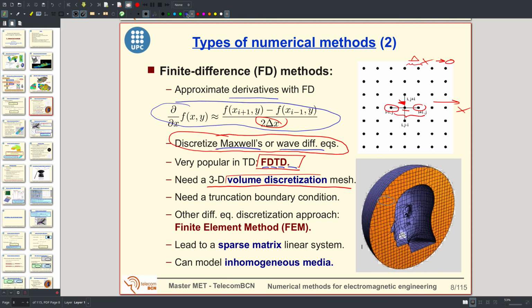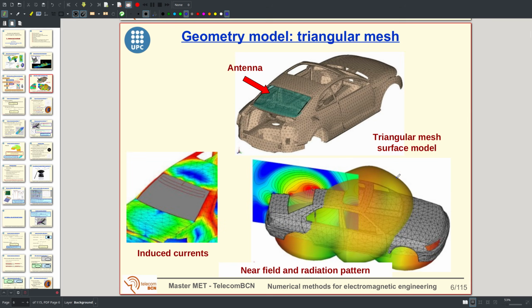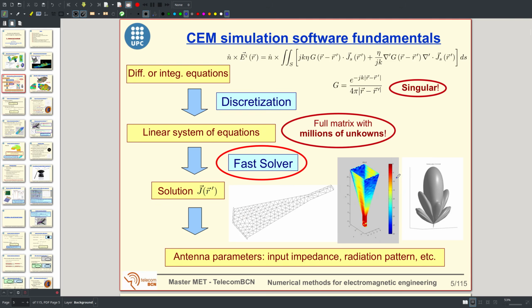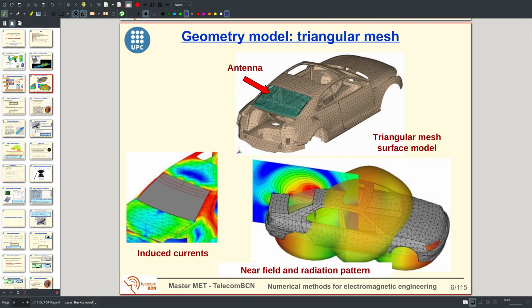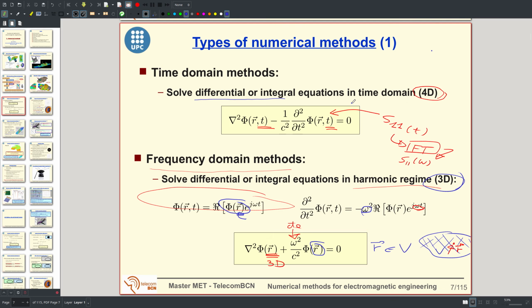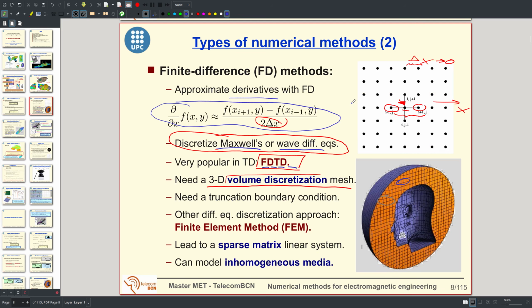If you remember the slides, like that slide or that one, in which you discretize the surface with a surface mesh. In this case, for finite difference methods, you cannot use discretization of the surface in triangles. You have to discretize the full volume.